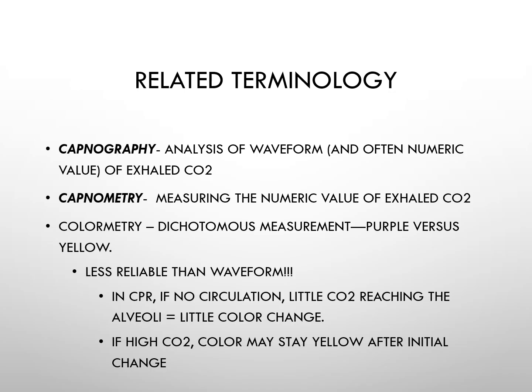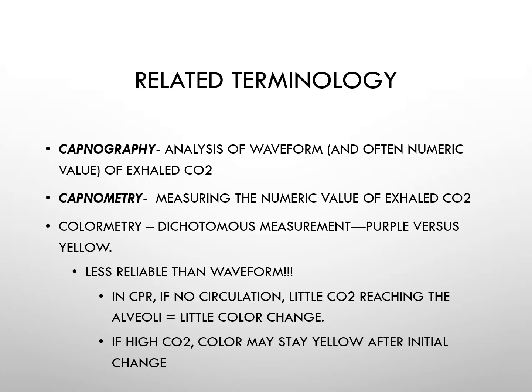For instance, in CPR, you have carbon dioxide buildup in the tissues and in the blood, but that blood may not be circulating very well. And as a result, there's little CO2 that may be reaching the alveoli in order to be eventually exhaled. So there can be little color change despite the fact the endotracheal tube is in the proper place.